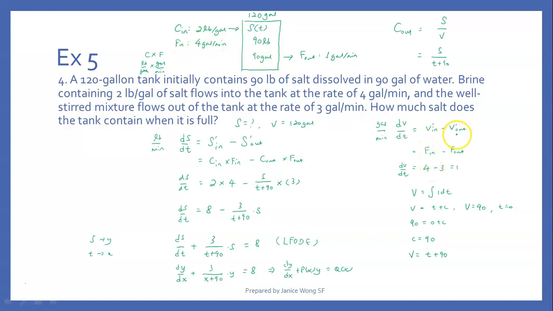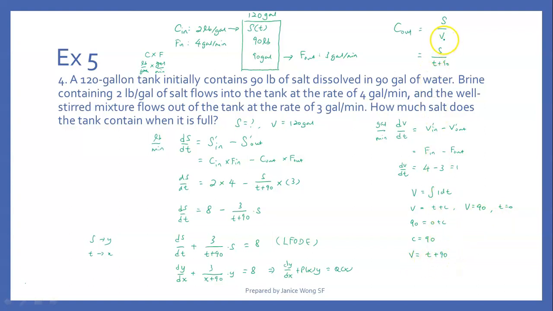So V prime in minus V prime out will be equivalent to F in minus F out. That is 4 minus 3. dV over dt is 1. Solving this differential equation, we got the volume function, V equals to t plus C. Substitute the initial condition, we get a complete volume function, V equals to t plus 90.